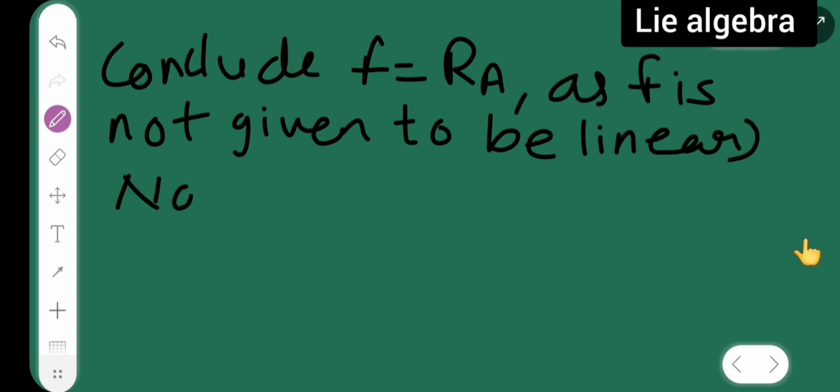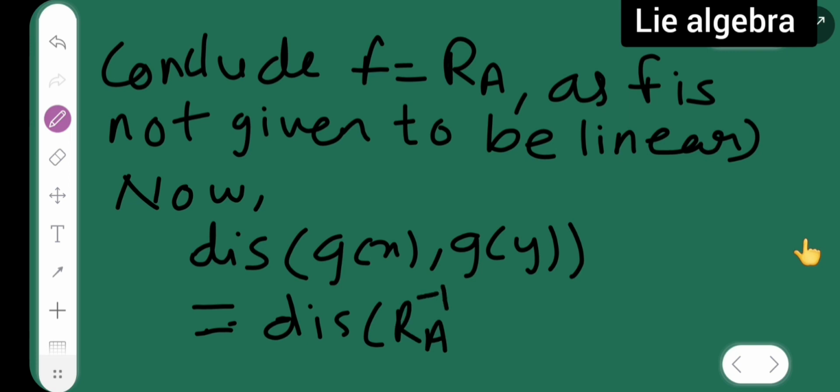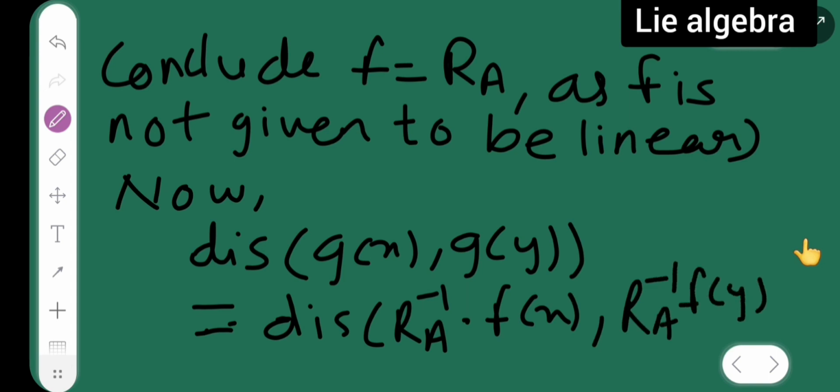Now what we'll do is take the distance. So the distance of g of x comma g of y is equal to the distance of R_A inverse of f of x comma R_A inverse of f of y.